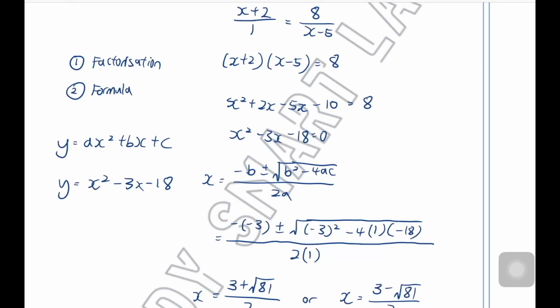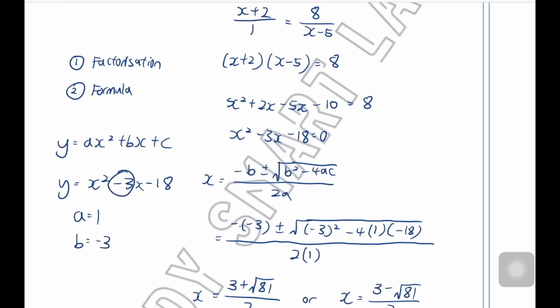Over here I can deduce that a is actually 1, because although there's nothing written here, there is 1x squared. Because if it's 0, then it will be 0x squared, and that means there's nothing there. The fact that there's x squared at least means that a is actually 1. Next, I have my b being negative 3.